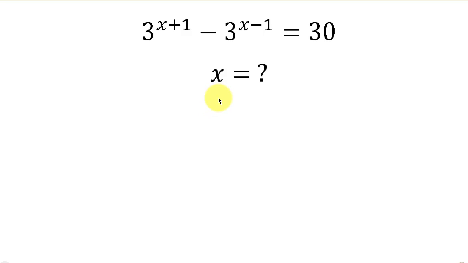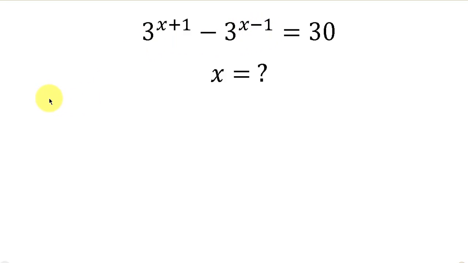Let's solve this math question that says find the value of x for which 3 to the x plus 1 minus 3 to the x minus 1 is equal to 30. Well, our first step will be for us to write x plus 1 in terms of x minus 1.